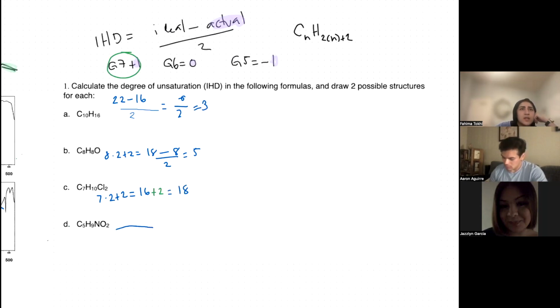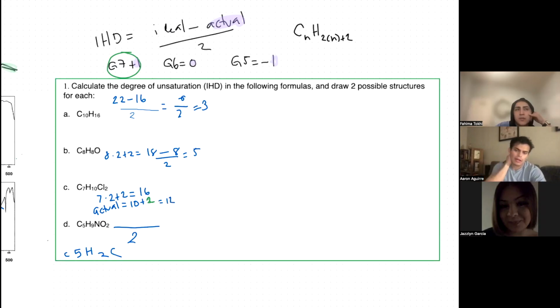Okay, this one. So N is your carbon number or your hydrogen number?